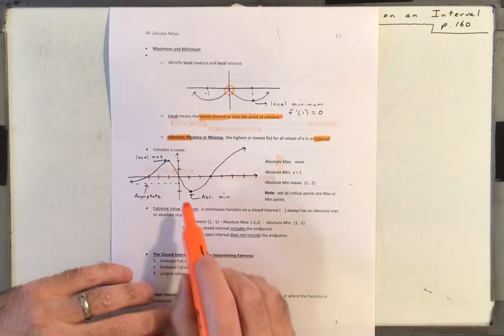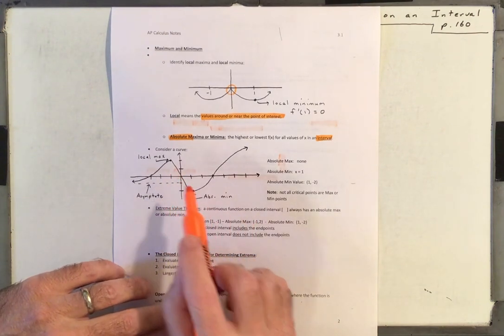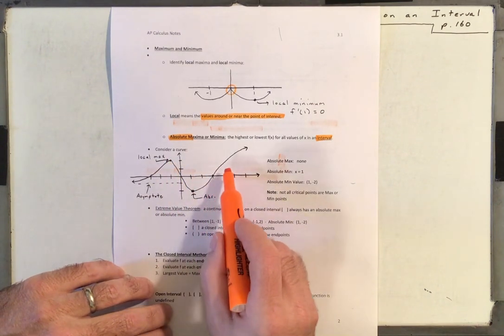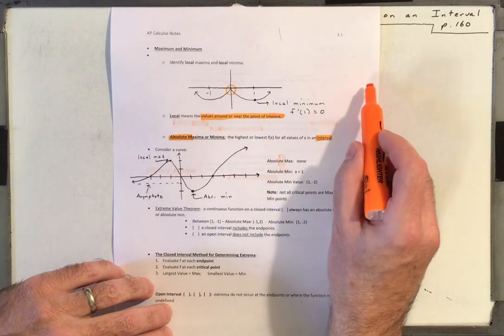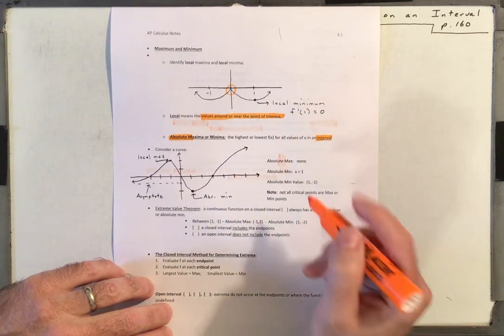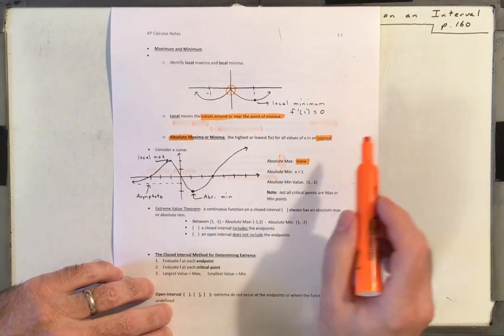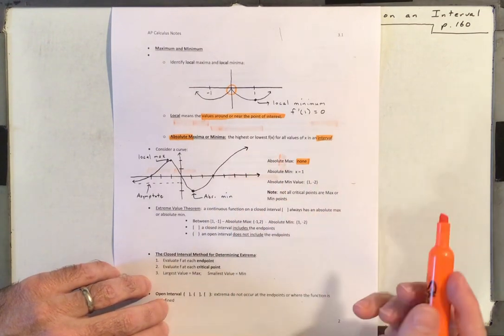Okay, so I have a curve here, and in class I used to put this up on the screen. We would have a local maximum here, but you can see that that arrow indicates that this function goes up forever. So there is no absolute max because it goes up forever. You can't pick a point that is a maximum.